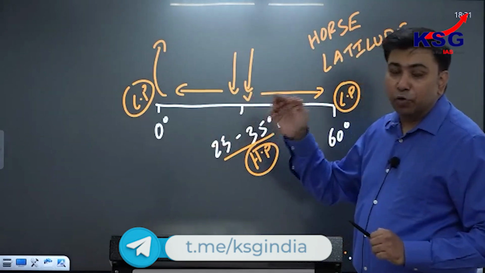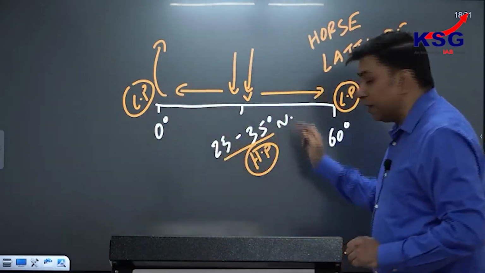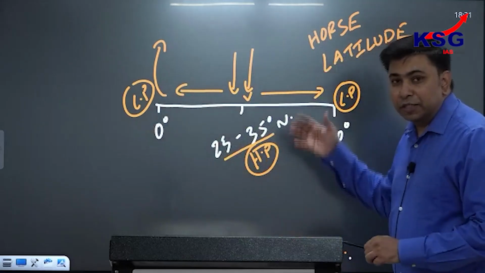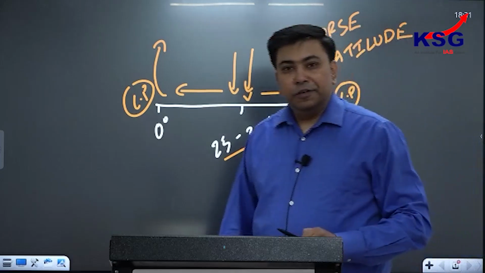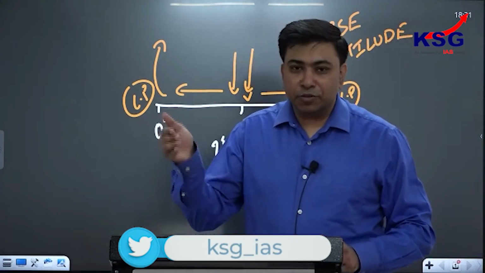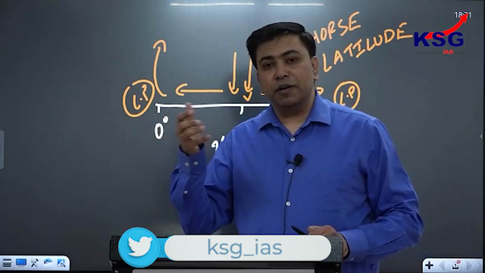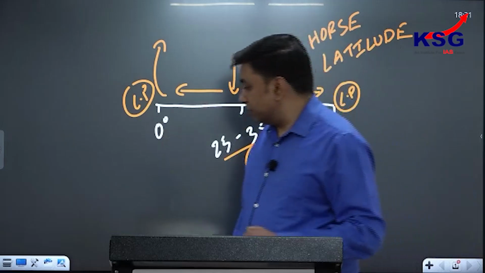And because of this, the range of latitudes 25 to 35 degree is regarded as what? Horse latitudes. Now, why are they called horse? It's a very interesting story, why these latitudes are regarded as horse latitudes. So just see what the story was all about. Focus.